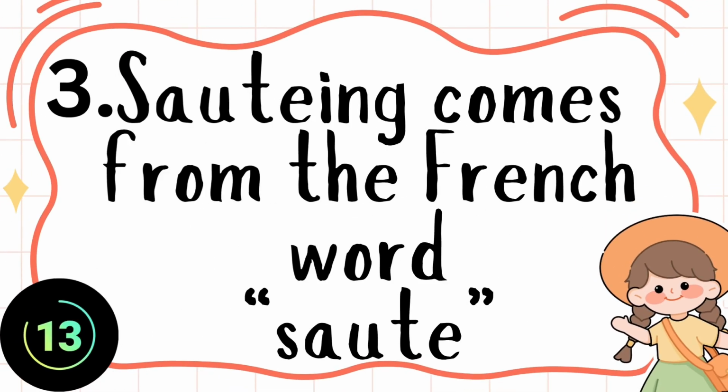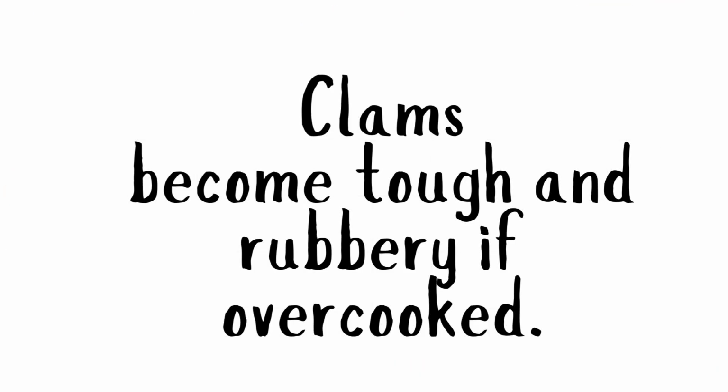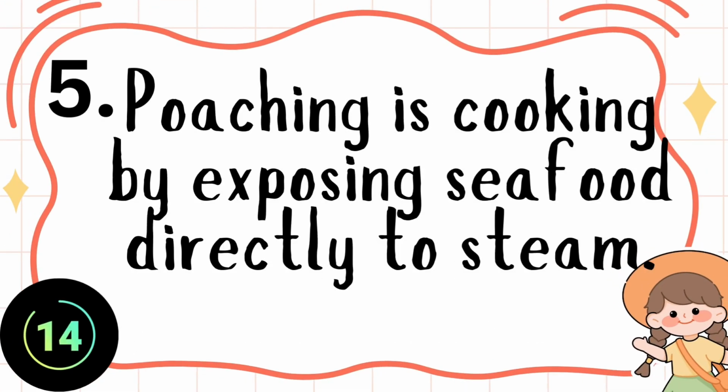Sautéing comes from the French word sauté. 4. Clams become tough and rubbery if overcooked. 5. Poaching is cooking by exposing seafood directly to steam.